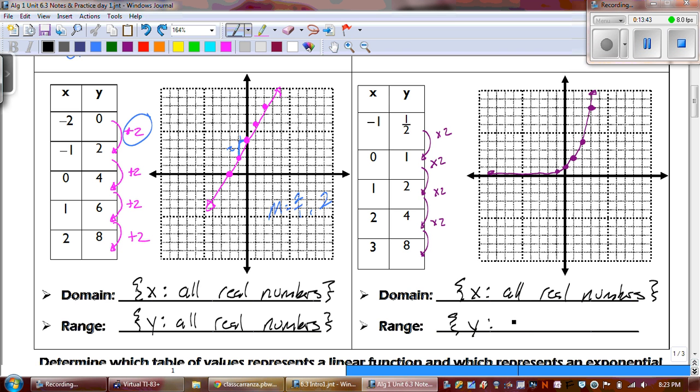So the difference for this one is that y is greater than 0. Okay? Now, if that part didn't make a lot of sense, that's okay. That right there is for people who are going into advanced algebra, Algebra 2, their junior year. That's just a little taste of what you would see.